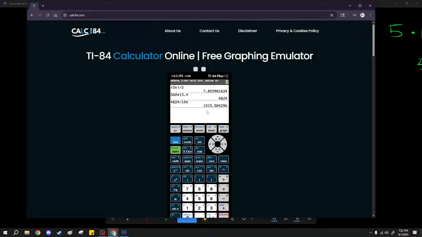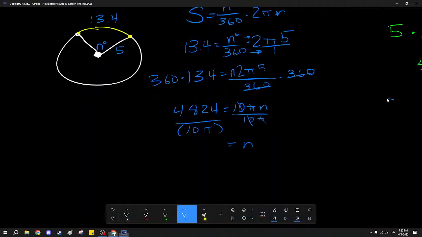I get this big number. That doesn't make any sense in the context of the problem. If you are running into a problem and you get a giant number and your angle looks like this, something went wrong, likely your parentheses.